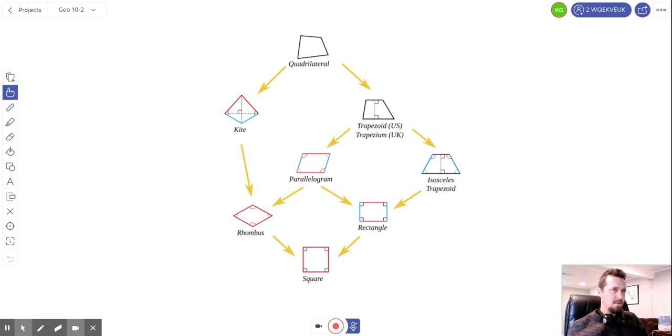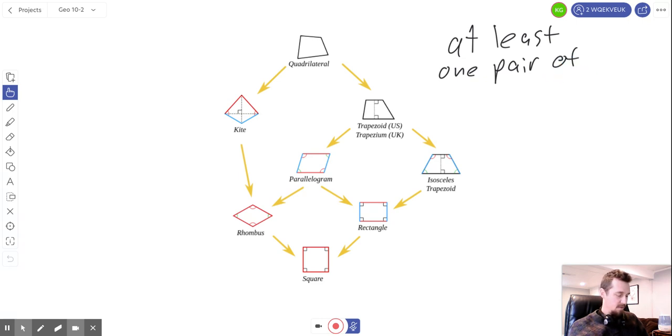there is a little bit of disagreement around trapezoids. So some people would say that a trapezoid has at least one pair of parallel sides.